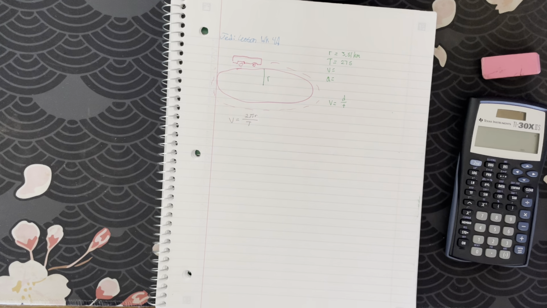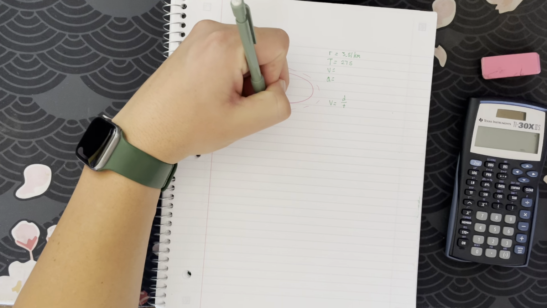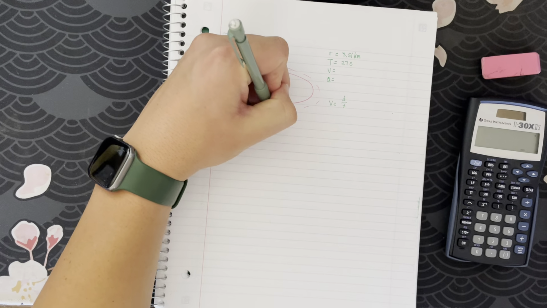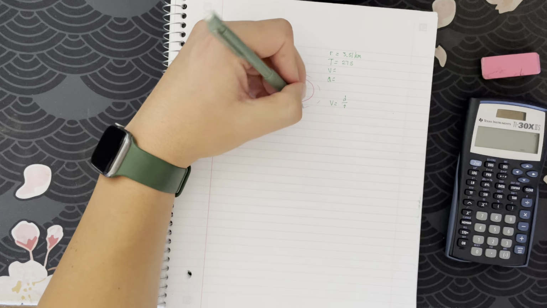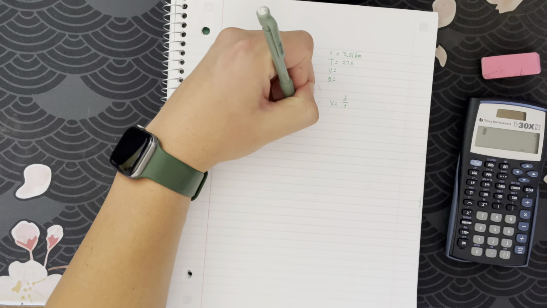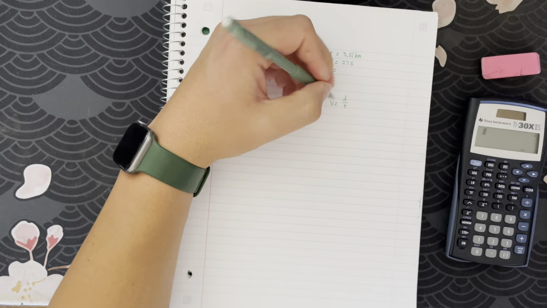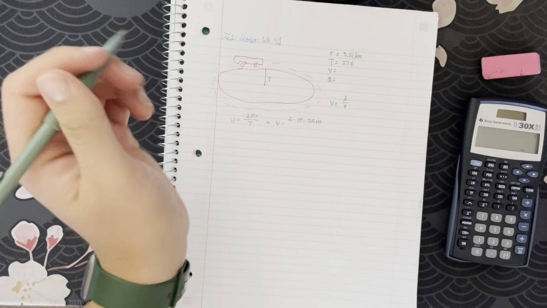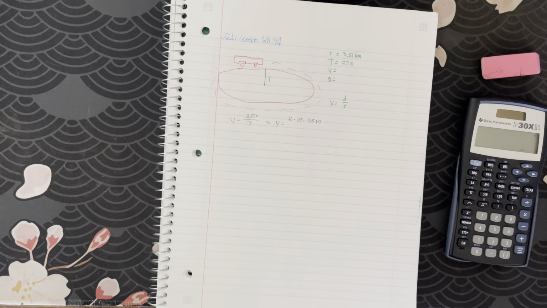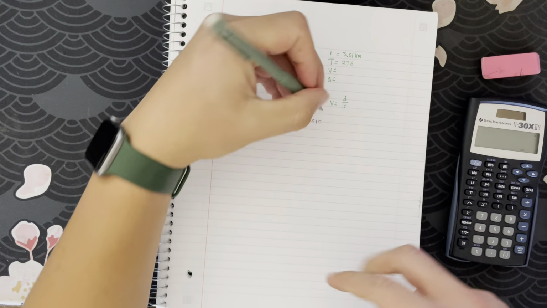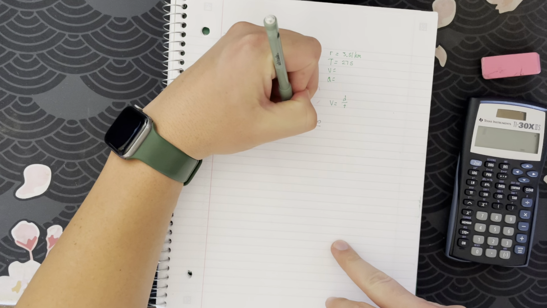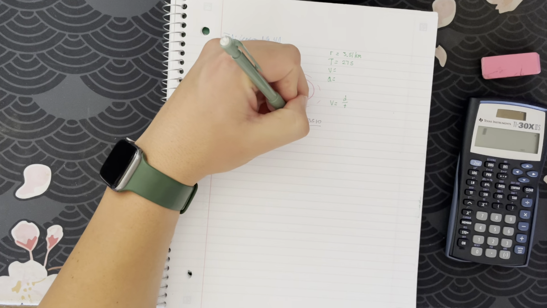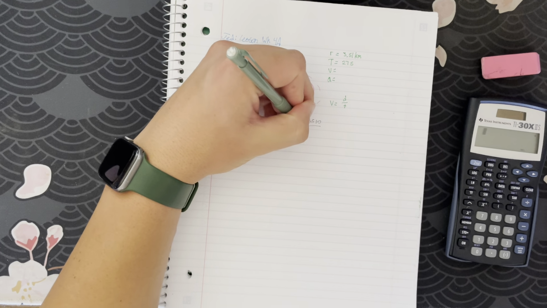To make life easier, we're going to simplify this into v equals 2 times pi times 3,510 meters, and after we get it in meters, we're going to convert it to kilometers, over our 275 seconds.